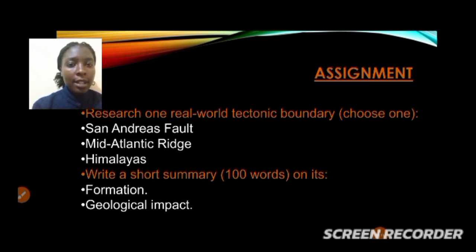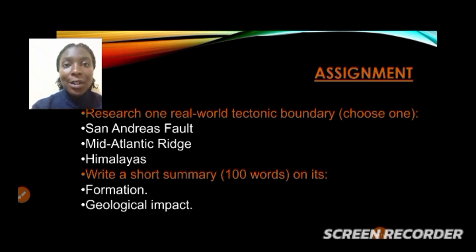You can remember the boundary that forms this mountain. So write a short summary, 100 words, on its formation and geological impact. The formation is how it was formed, like the San Andreas. I've told you it's formed due to the movement of the Pacific plate past the North American plate. Oh, sorry, I'm giving you answers.